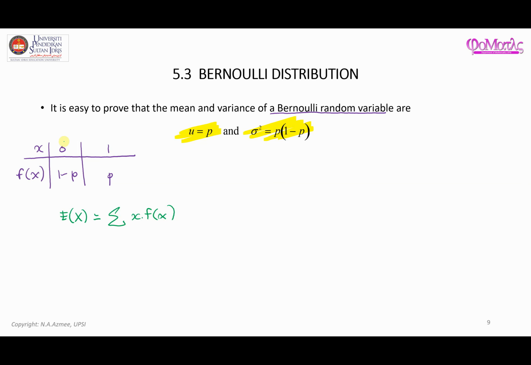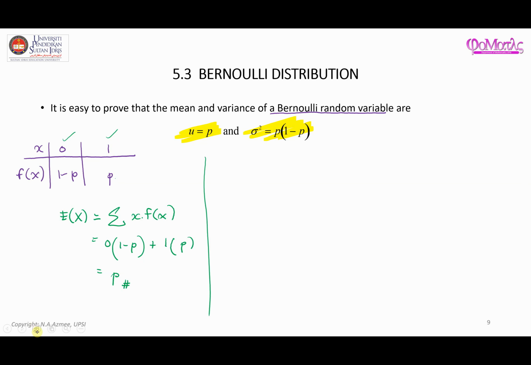We have these two values of x, very easy to consider. We multiply 0 with 1 minus p, and 1 with p. So the answer that we get is going to be equal to p. There you go, it is quite easily done.